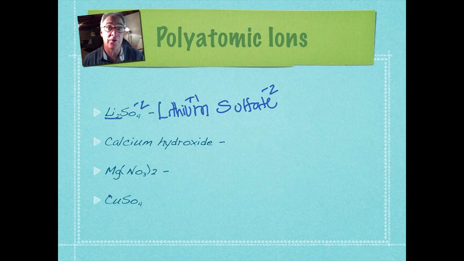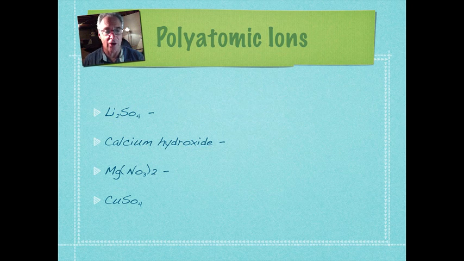Now let's go in the reverse process. Let's say we take a name and convert it into a formula. Again, we look at calcium hydroxide. The calcium part, I think you can all get, is calcium. The hydroxide, there's where we're talking about another polyatomic ion. So let's go back to our chart.